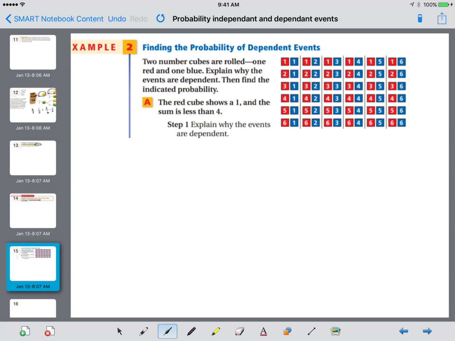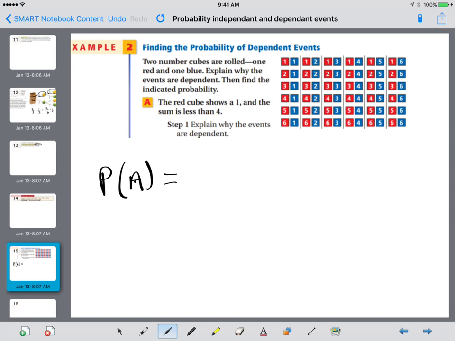Let's say we have 2 number cubes are rolled, 1 red, 1 blue. These events would be dependent because it says, what is the probability that the red cube shows a 1 and the sum is less than 4? Well, event A is that the probability that the red cube shows a 1.